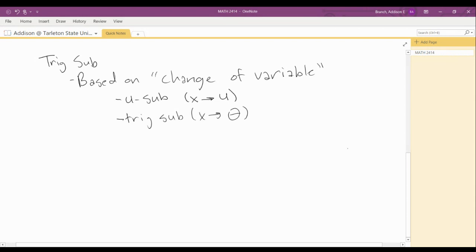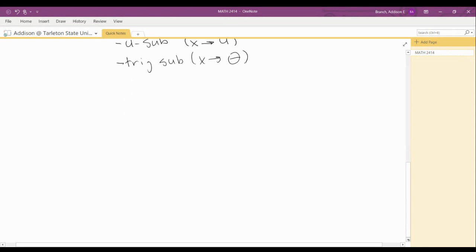So there's a few different types of trig sub that we can do. It just depends on the format of your problem.